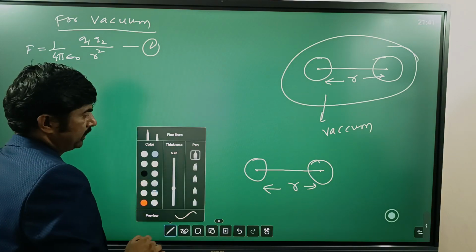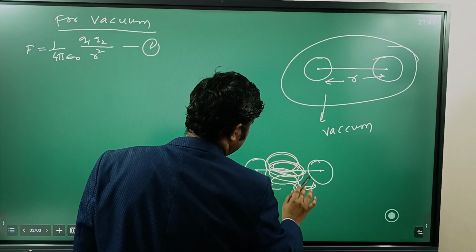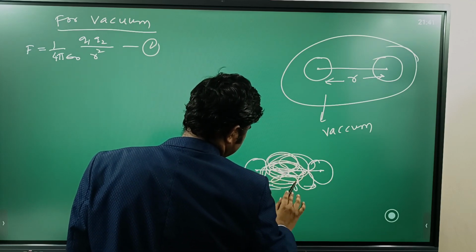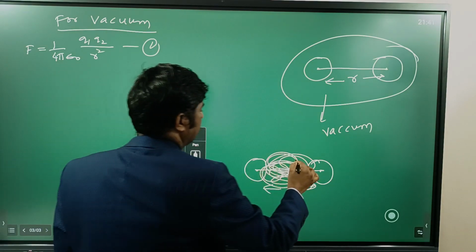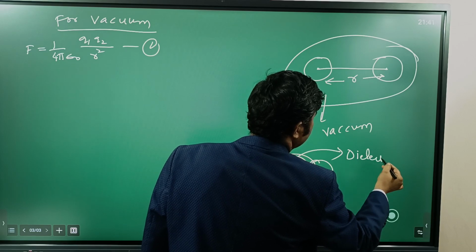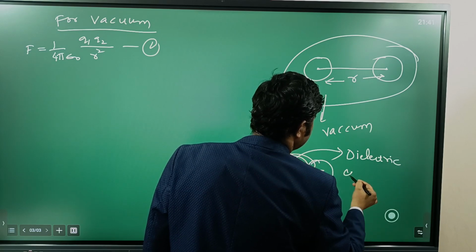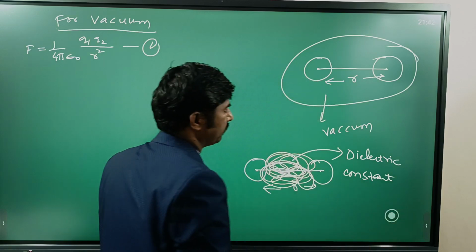So that insulating material, we can call it a dielectric constant. So this is called a dielectric constant. When this dielectric constant is introduced, these dielectric materials are insulating materials.